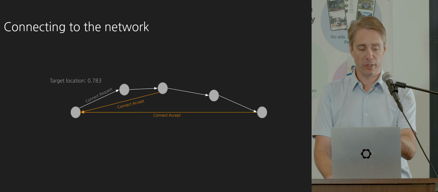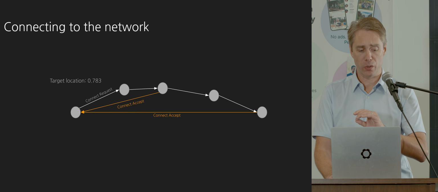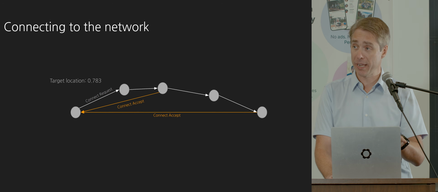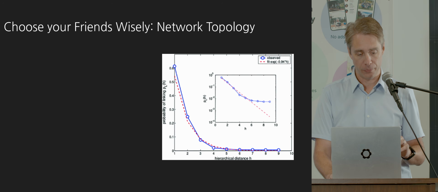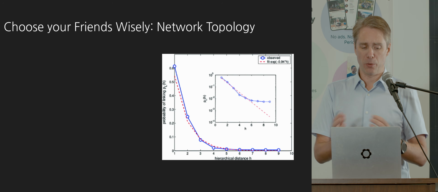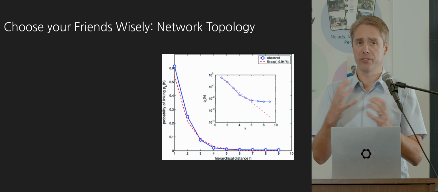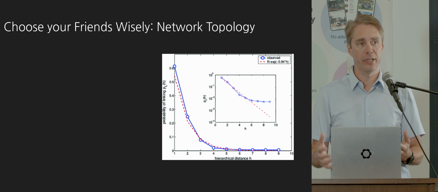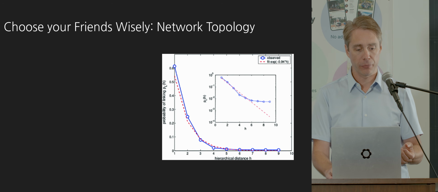So that's what's actually going on here when these direct connections are being established. But the question is, how do peers decide which other peers they want to be connected to?